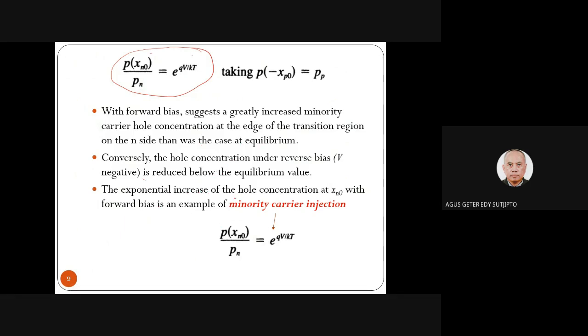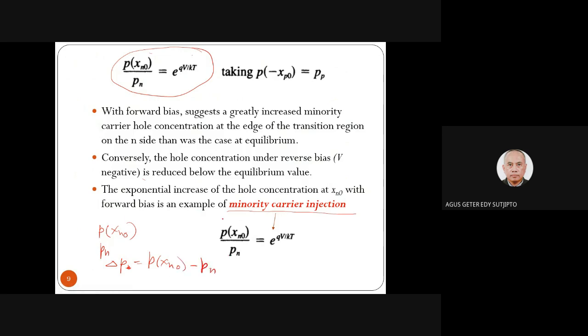The exponential increase of hole concentration at xn0 with the forward bias is an example of minority carrier injection. So this is the minority carrier injection. We have P after applying the voltage and before applying the voltage. The minority carrier injection is the difference, delta P, which is P at xn0 minus Pn.